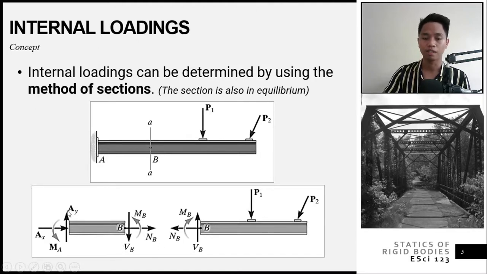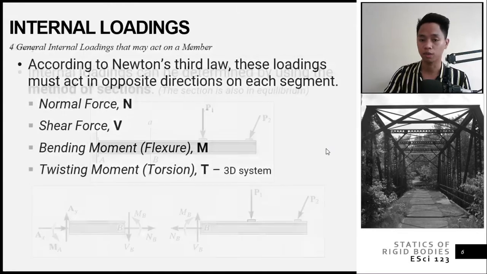For segment A to B, if the normal force points to the right, then at the other segment it should point to the left. If this is counterclockwise, this should always be clockwise. They should always be opposite.